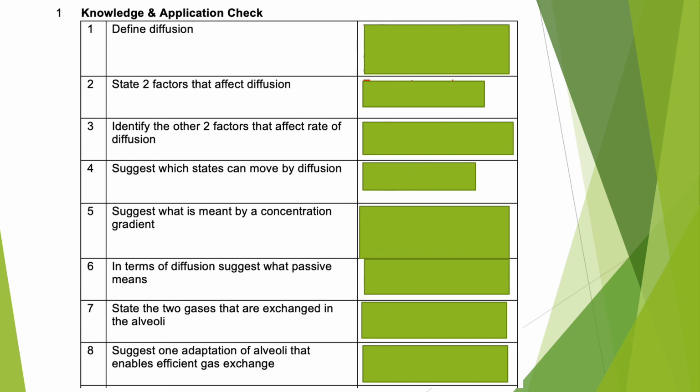Perfect. So, number 1, let's define diffusion first. What is diffusion? It is the net movement of molecules from high concentration to low concentration. All right. Even if you don't have that word net there, that's fine. Net just means after everything, because diffusion doesn't always go from high to low. Those molecules like to move in random spots.